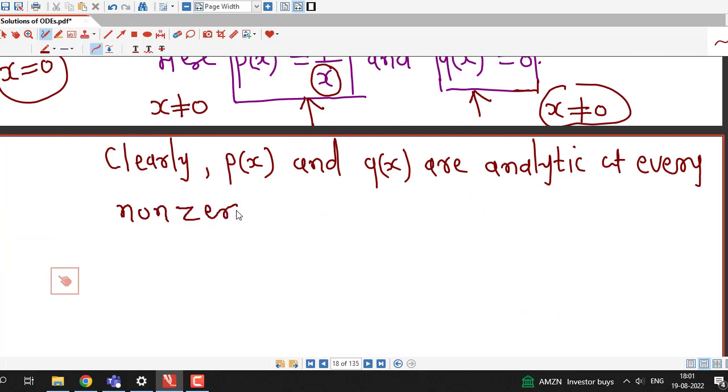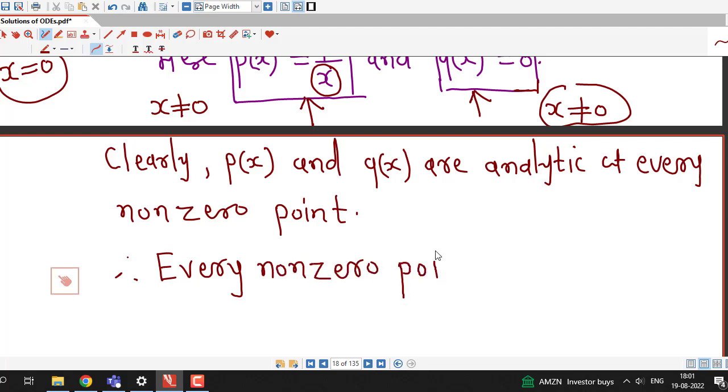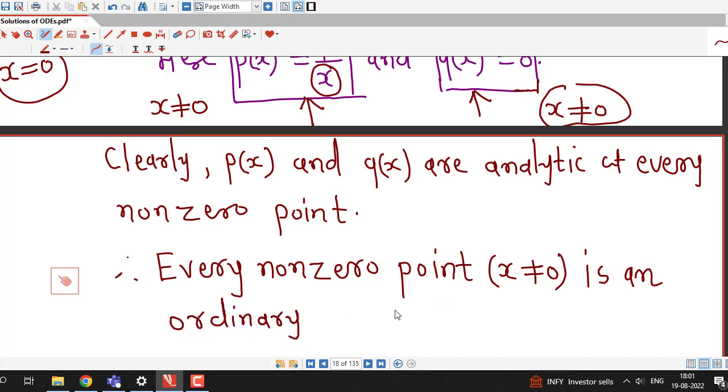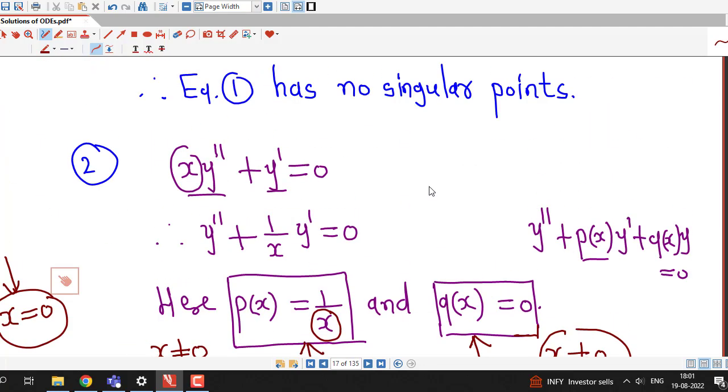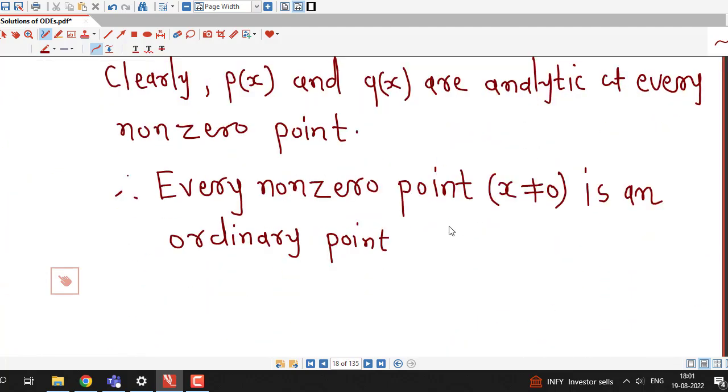Therefore, by the definition of an ordinary point, every non-zero real number is an ordinary point of the given equation, which we call equation 2.